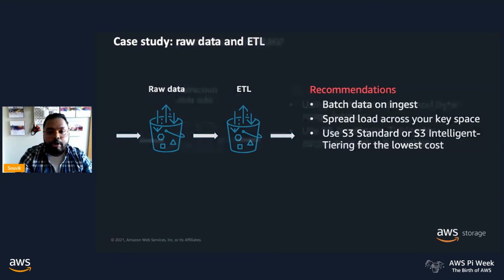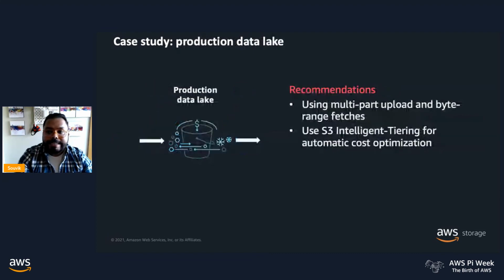Now, next we go to the production data lake. This is after the data has been transformed into optimized files, like those in Parquet or ORC formats. The files are typically anywhere between a few megabytes to hundreds of megabytes. To improve the throughput of these files, we recommend using multipart upload and byte-range fetches to parallelize across multiple connections and reduce overall latency.